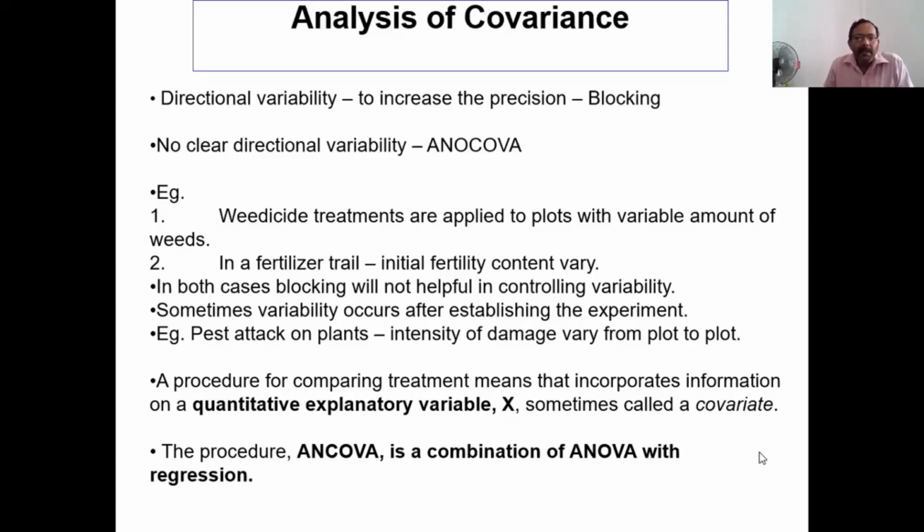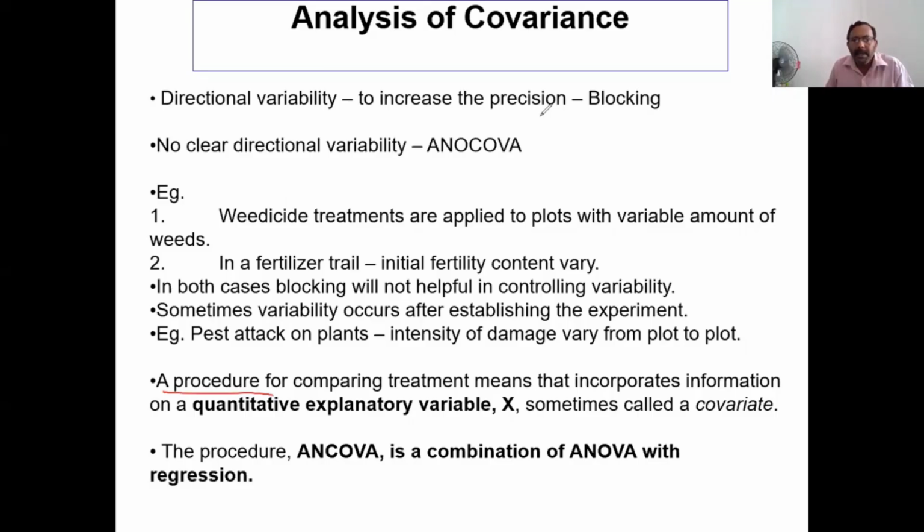Right, a procedure for comparing. So I'm talking about the text. It is a procedure for comparing treatment means, because it is the comparison of treatment means. So you haven't learned the theory of the comparison of treatment means.